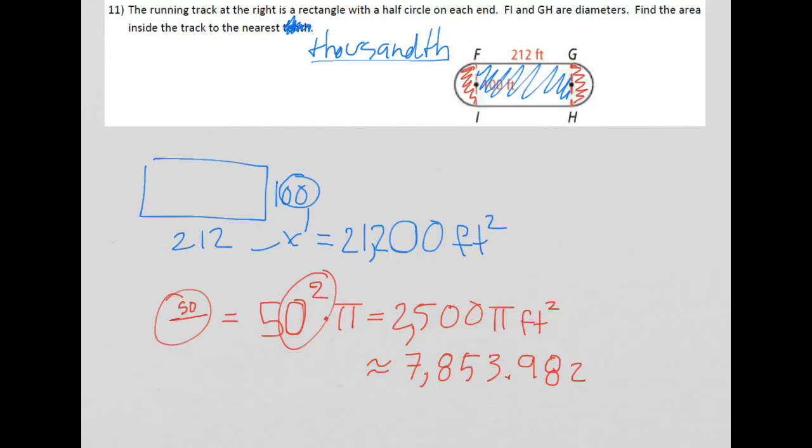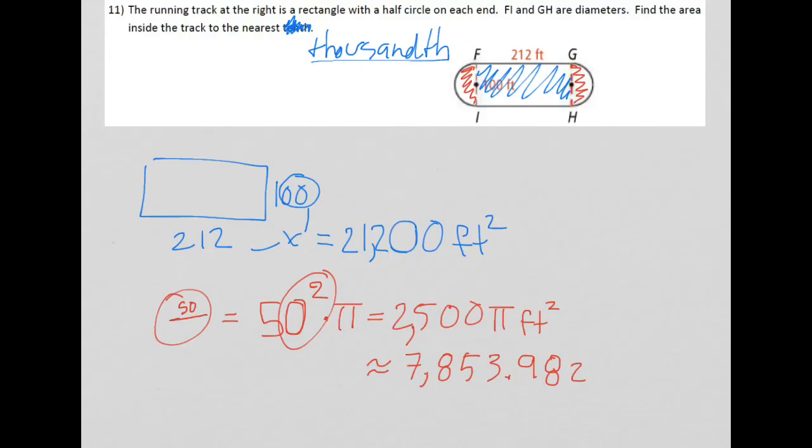Because the next numbers are 1, 6, so because of that 6, we're rounding that 1 up to a 2. If you were doing this to the 10th, though, you would have to round that to 7,854, because that 8 would round that 9 up to a 0, which would bump that 3 up to a 4, which is why I like 3 decimal places, even though that's super close to 7,854.